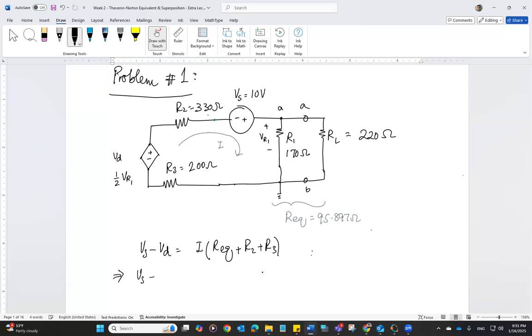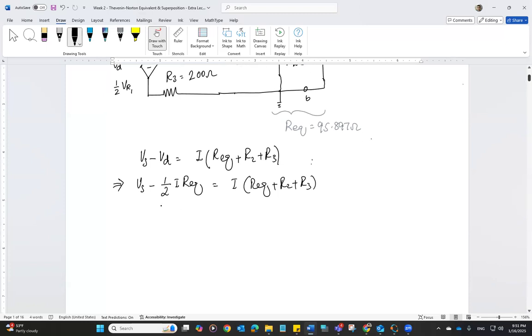Okay, and Vd is half of VR1, and VR1 will simply be I times R equivalent because, again, the parallel combination is R equivalent. So Vs minus half of I times R equivalent is equal to I times R equivalent plus R2 plus R3. And from this, we can easily find the value of the current I. Take this on the other side.